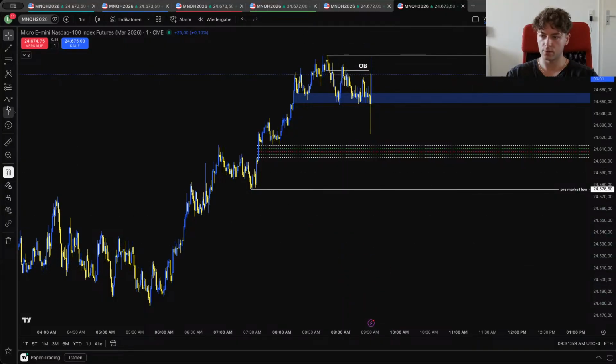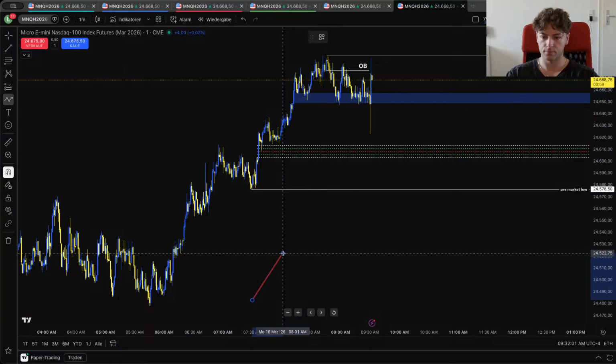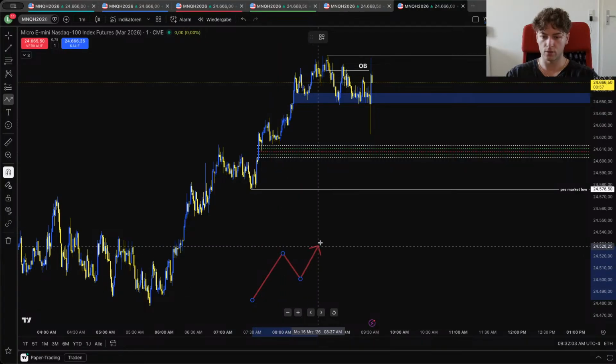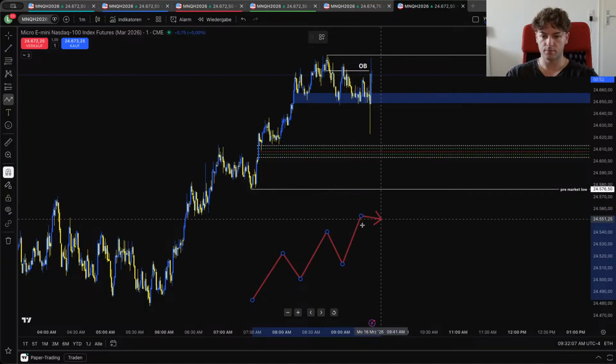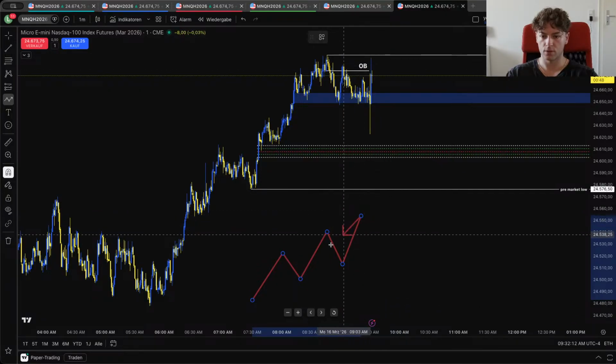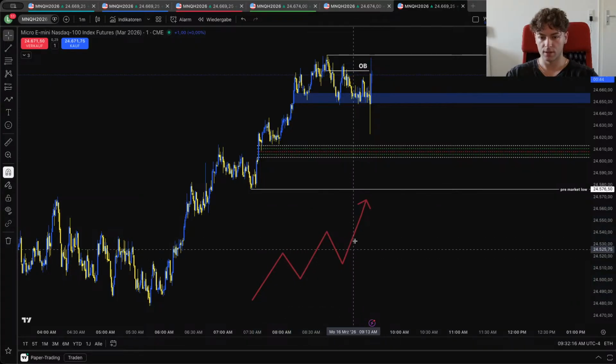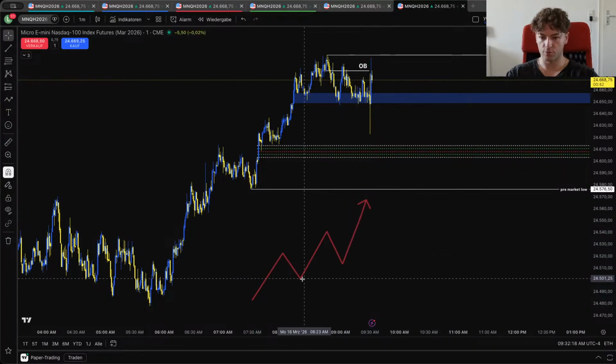Instead, we have this scenario where we have higher high, higher low, higher high, higher low. Usually I don't want to be the one picking the top in a bull market, so I don't want to take shorts when price is moving up.